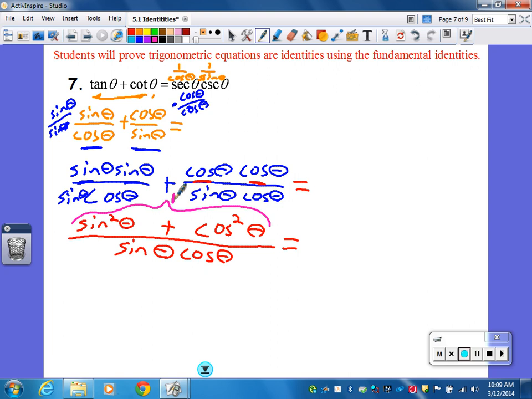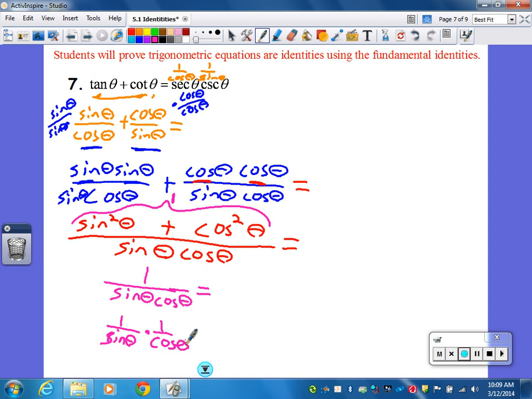So now I'm going to write it as 1 over sine theta times cosine theta, which is equal to 1 over sine theta times 1 over cosine theta. Somebody whispering in my ear, I don't know who it was.